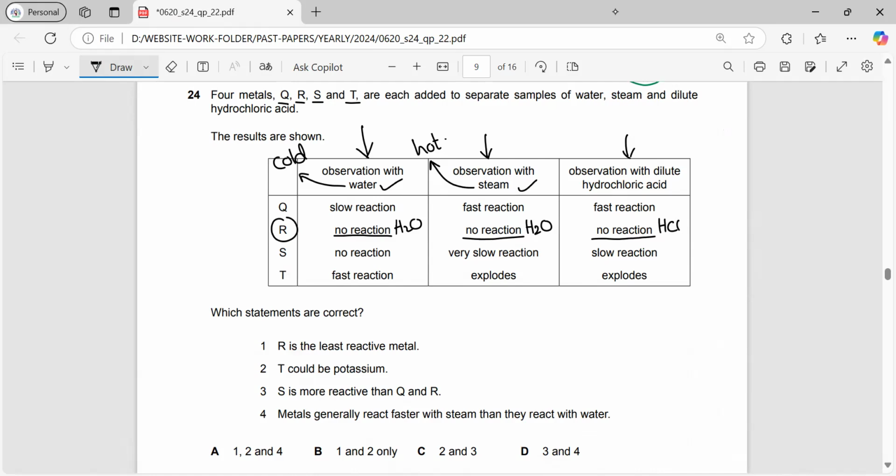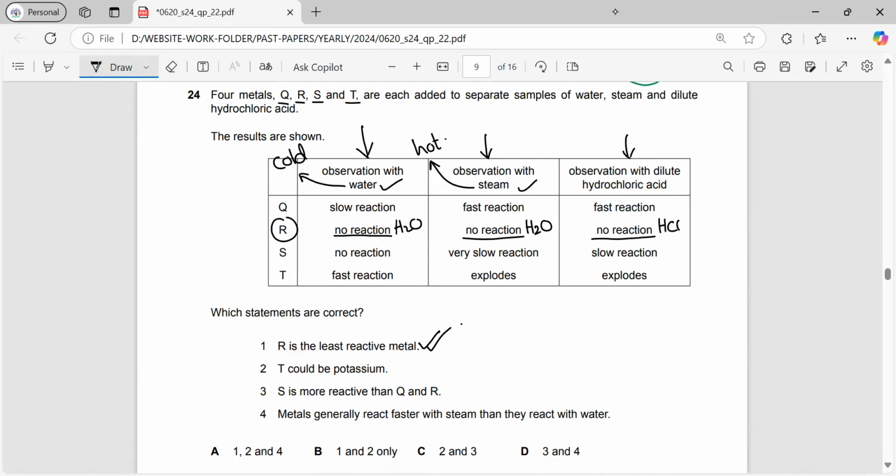The metal has to be more reactive than hydrogen so that it can react with water, steam, and hydrochloric acid. But R is less reactive than hydrogen. It is showing no reaction with these things. So it means it's least reactive. The rest of the elements show some reactions, but for R, there is no reaction at all.